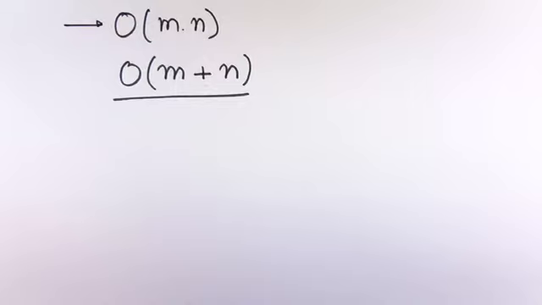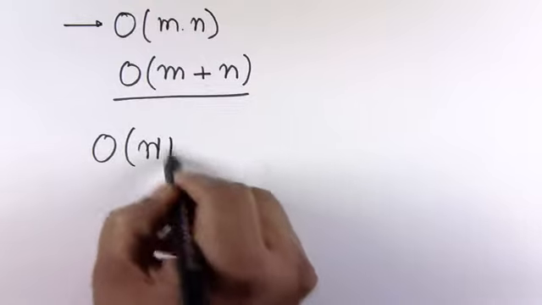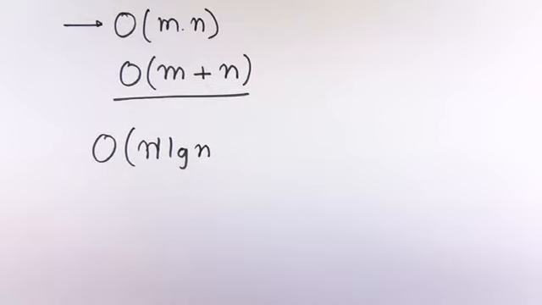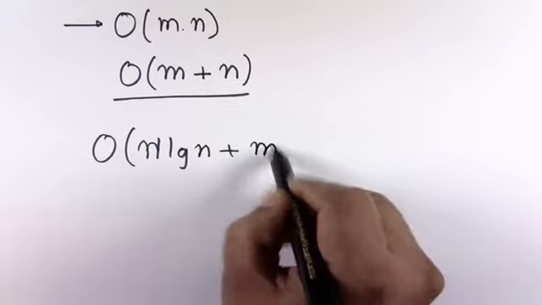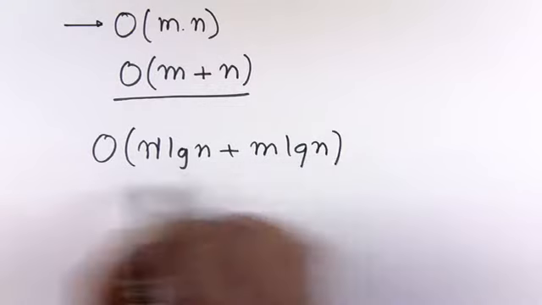We can initially sort the entire array, okay? And then do m different binary searches. Good. So, what will that cost? Order of n log n plus m log n, right?